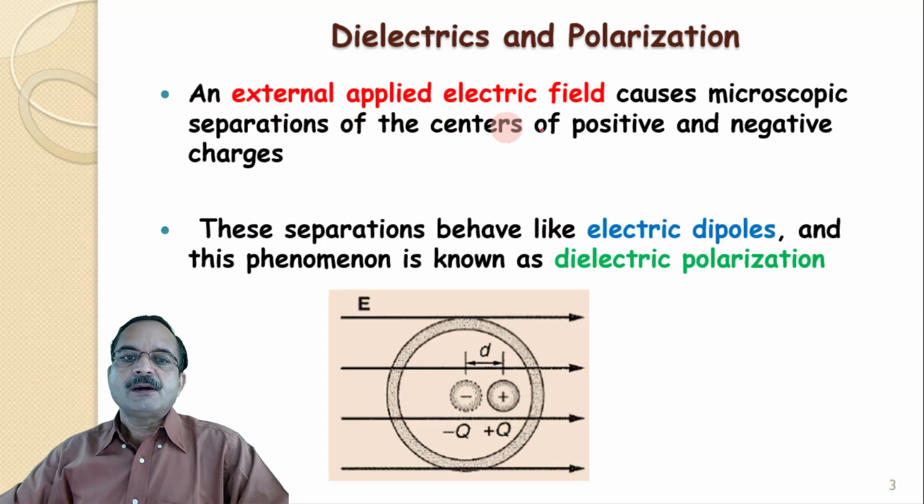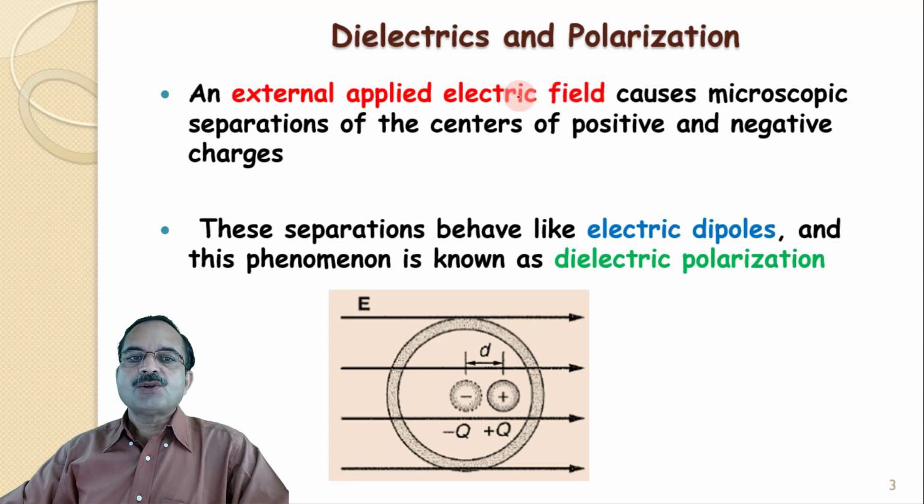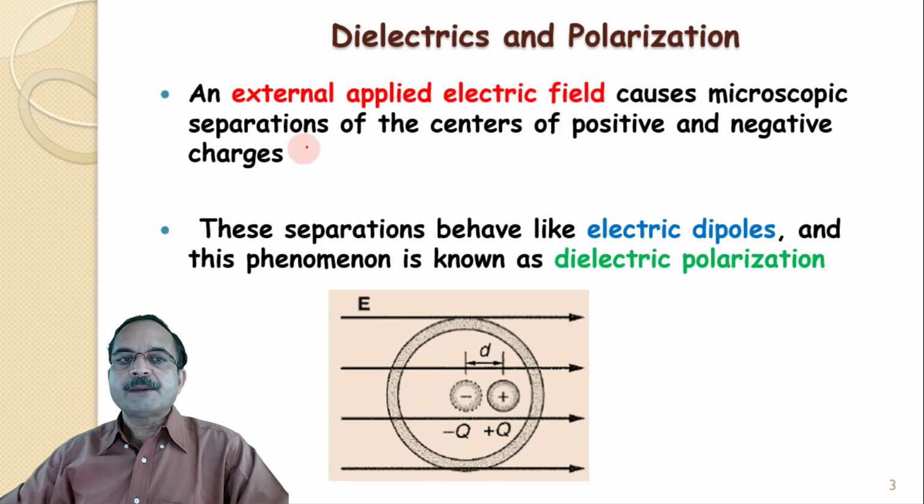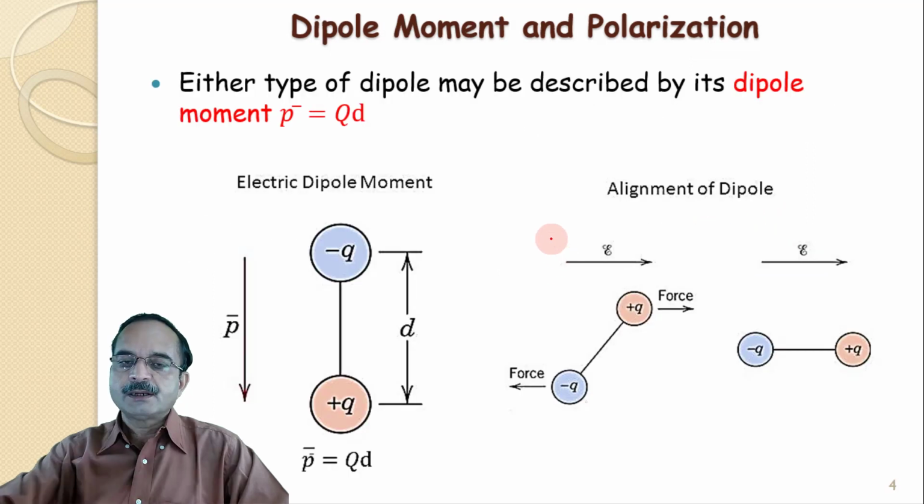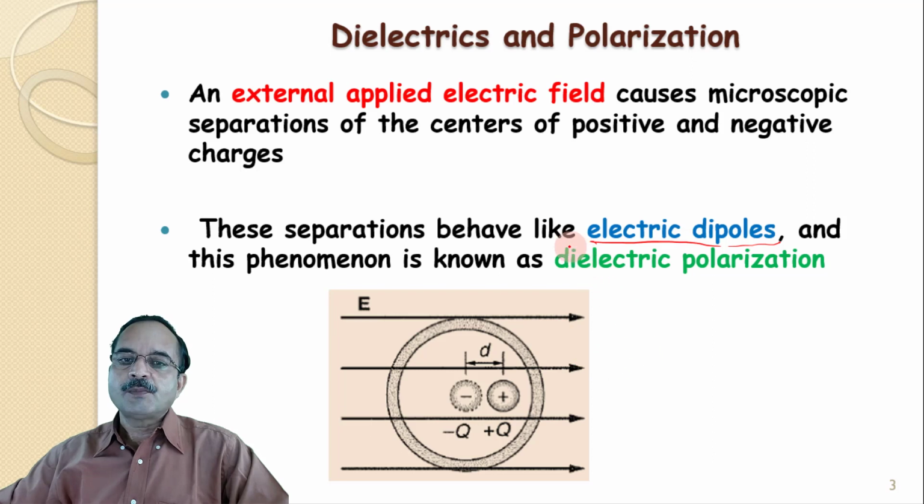When some external electric field is applied, this causes a macroscopic separation of the centers of positive and negative charges, and it forms electric dipoles in the material. This phenomenon is called dielectric polarization.